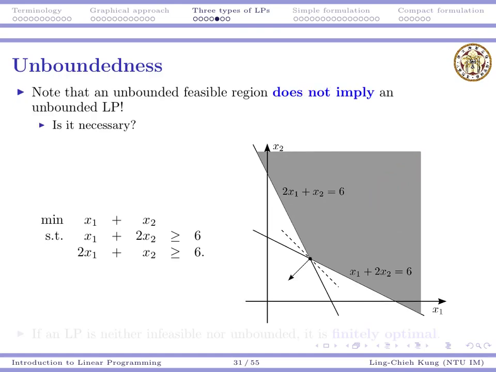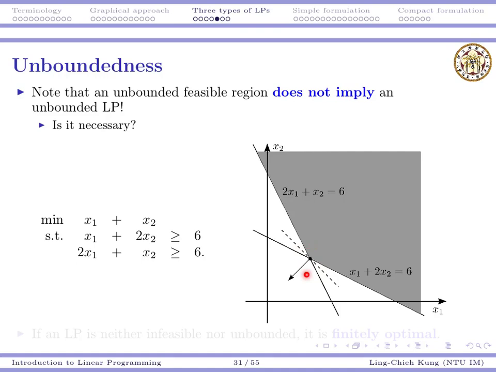There's one important thing to know: an unbounded feasible region certainly does not imply an unbounded linear program. This is exactly the same feasible region as in the previous slides, but here if we change the objective to be minimizing x1 plus x2, then there is a unique optimal solution.